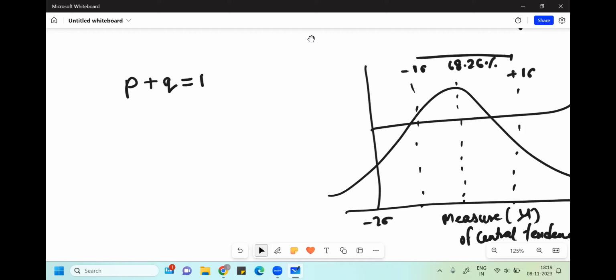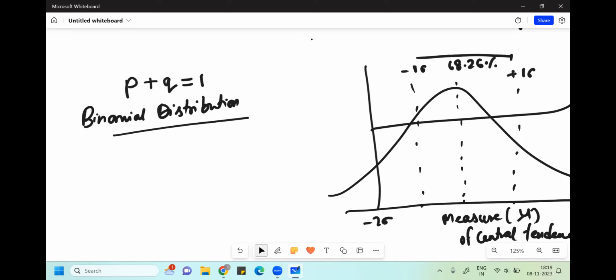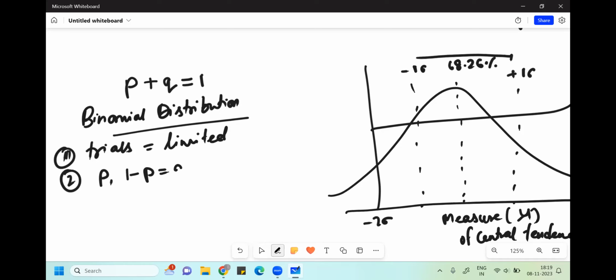So in the case of binomial distribution, certain concepts we should know. We study trials, where the trials are limited in nature. Every trial is associated with a probability which is called a success, while there's another probability which is called failure.